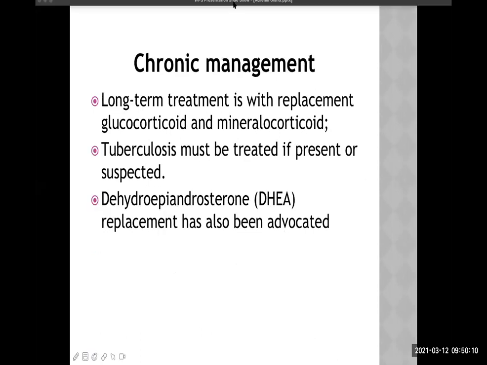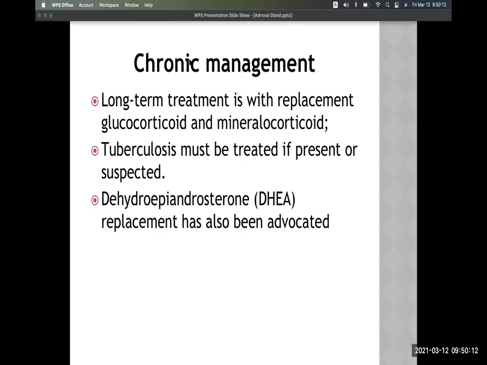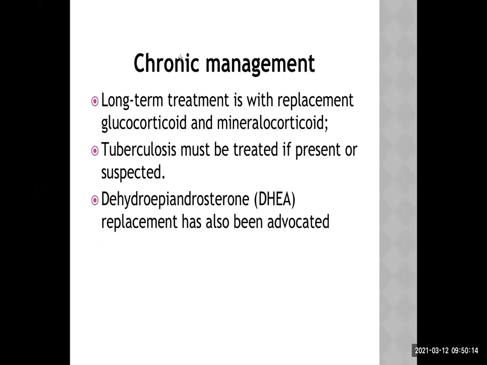Now, what is chronic long-term management? Chronic means long-term management. Remember, sometimes the adrenal glands are destroyed by tuberculosis or autoimmune mechanism. So long-term treatments are necessary. This is done with replacement glucocorticoid and mineralocorticoid.